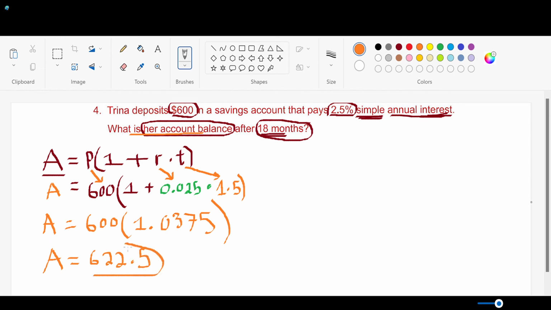That will be my account balance after 18 months with a 2.5% interest.